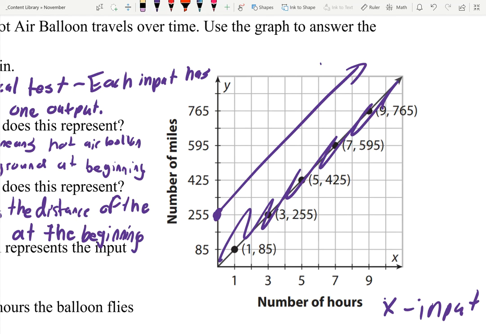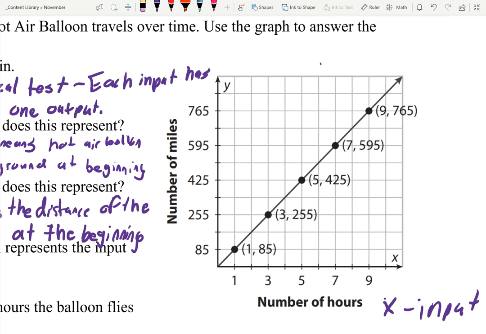What that would indicate to us is that at the start, we're already 255 miles away from, let's consider home, right? Or base or the airport or something, wherever this hot air balloon left or supposed to be, right? It would indicate that it's 255 miles already away from wherever it was supposed to be.